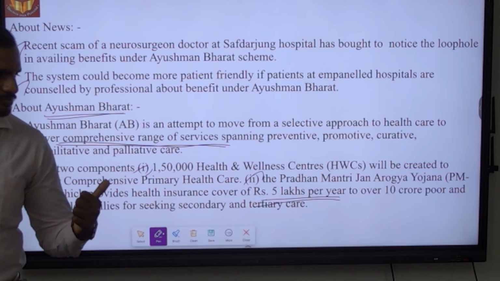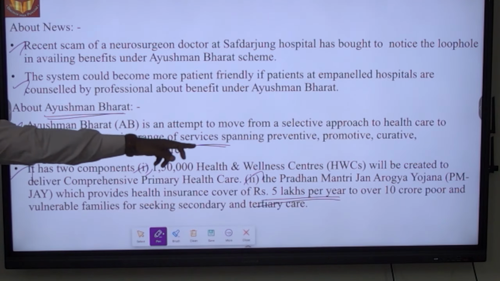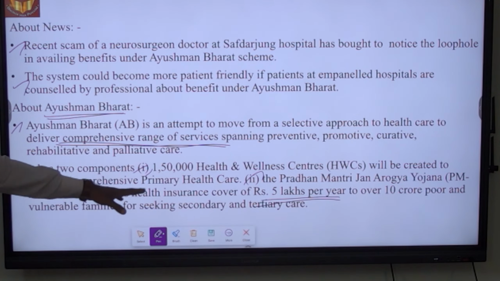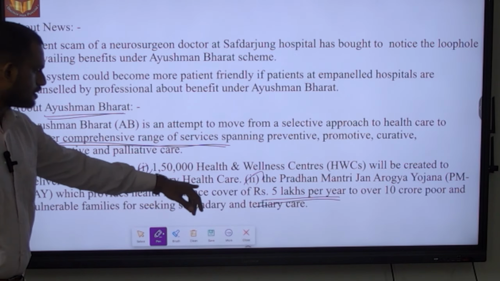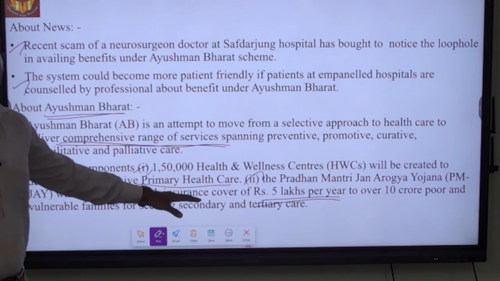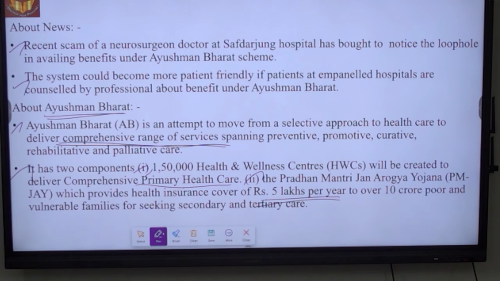And the target of the scheme's coverage is 10 crore poor and vulnerable families, not individuals, for seeking secondary as well as tertiary care, not primary care, because the need for primary care is taken care of in the first subpart.